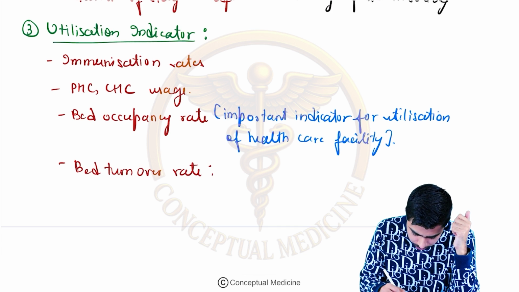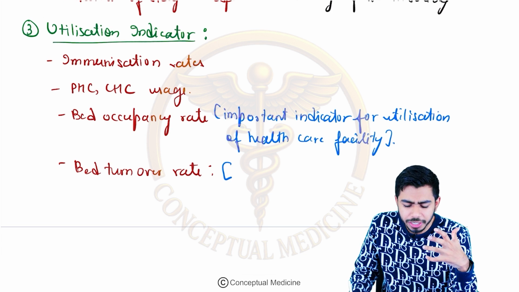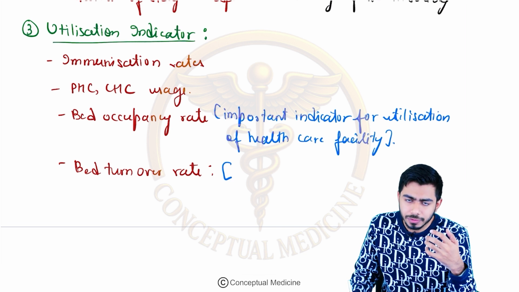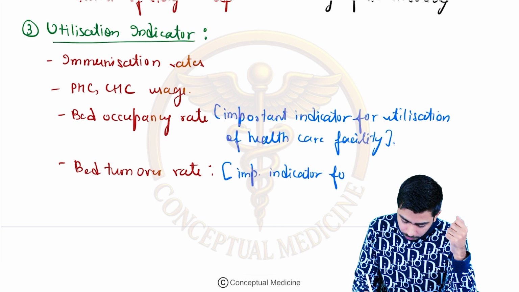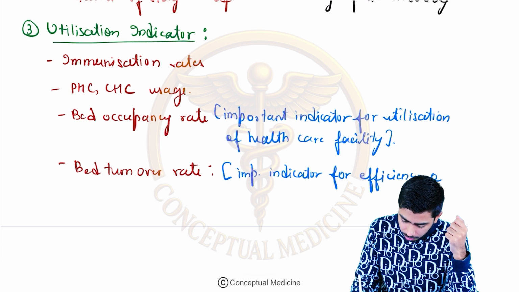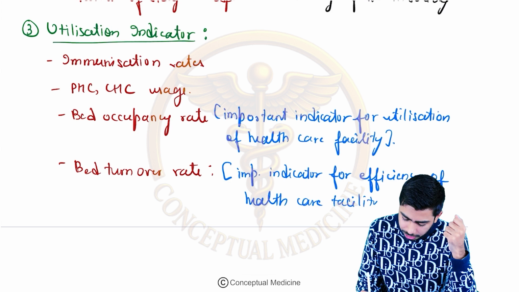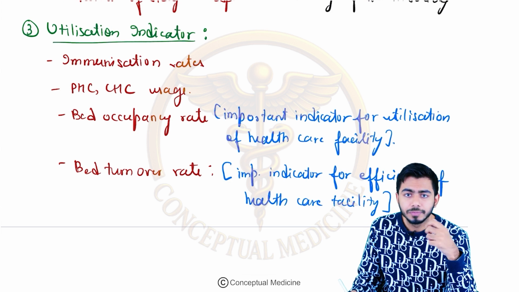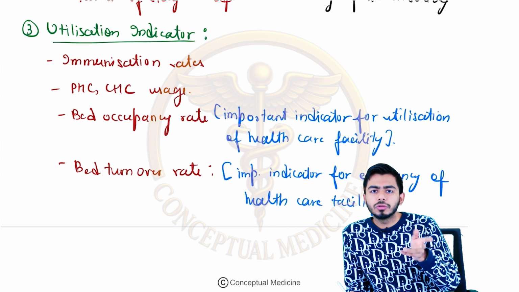Now bed turnover rate is an important indicator for the efficiency of healthcare facility. Usually if they ask the best indicator for efficiency of the healthcare facility, then your answer would be bed turnover rate.